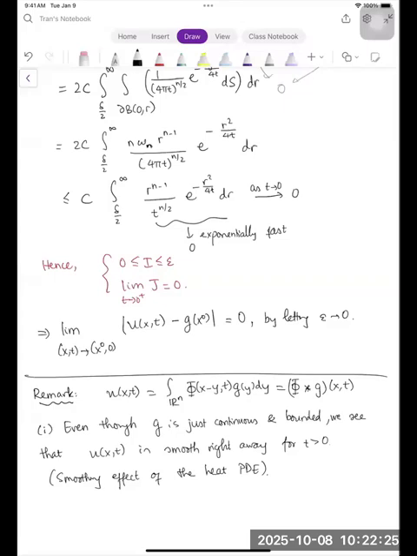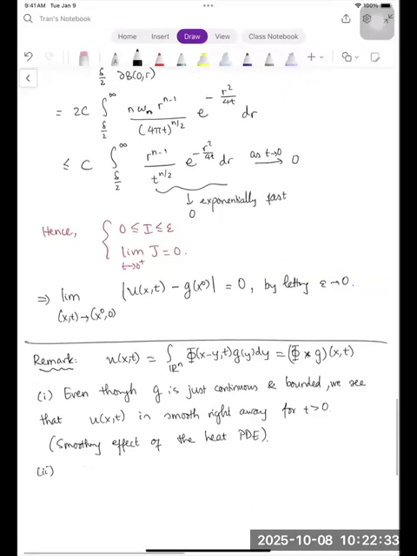That's the first thing. The second thing I want to say is that, besides the smoothing effect, there's the property called infinite speed of propagation. Okay, so what's infinite speed of propagation?